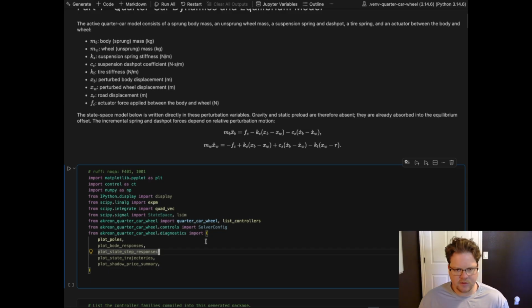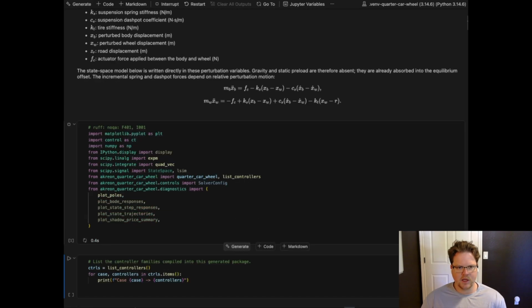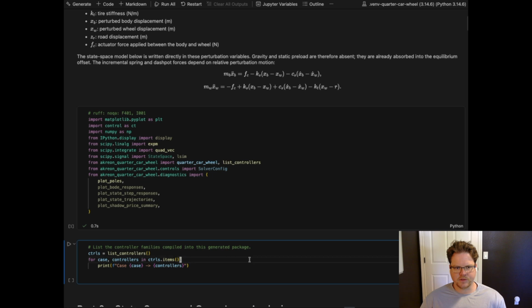But it's going to follow a similar flow as before. We have the same kind of pole plots, Bode responses now, since we're going to be analyzing the frequency domain, similar step response, state trajectories, and the shadow price summary, which I introduced in the last video. So let's import those modules.